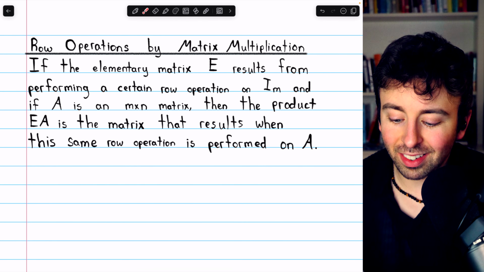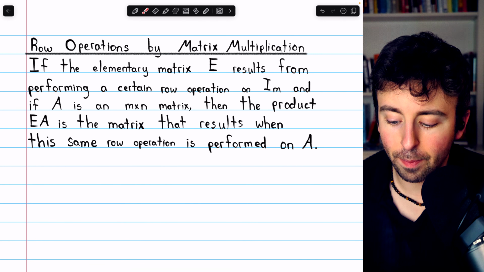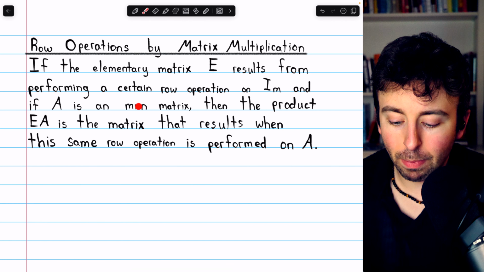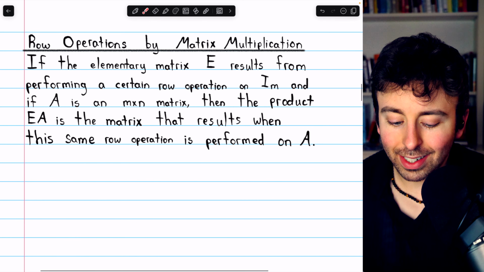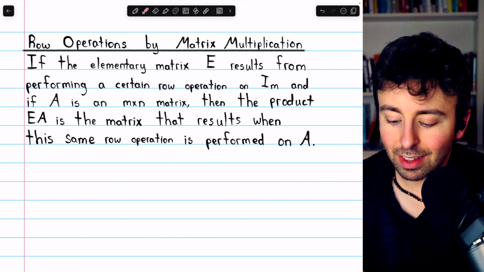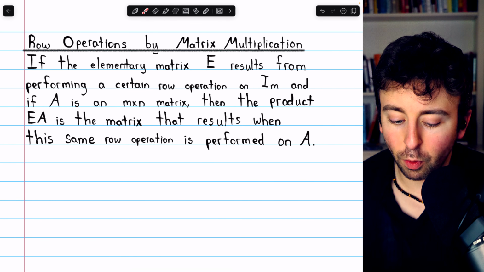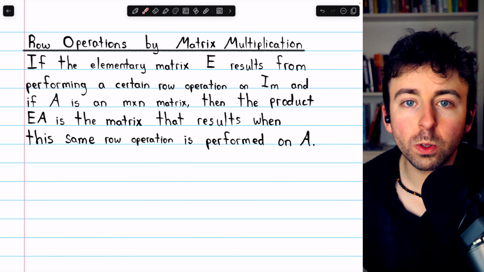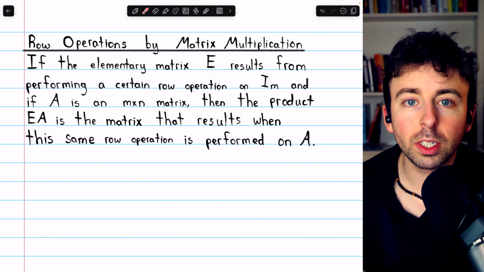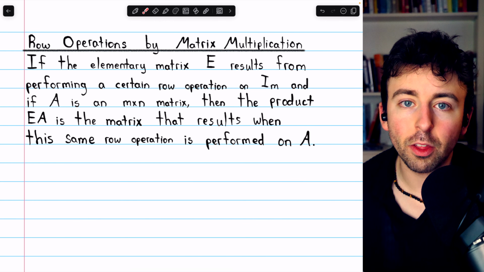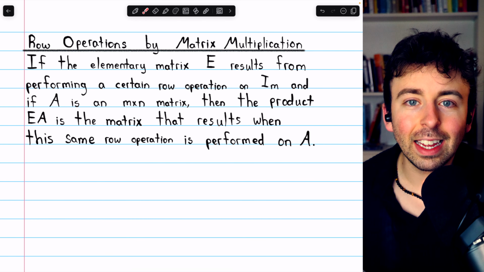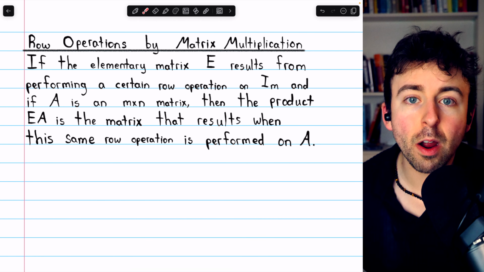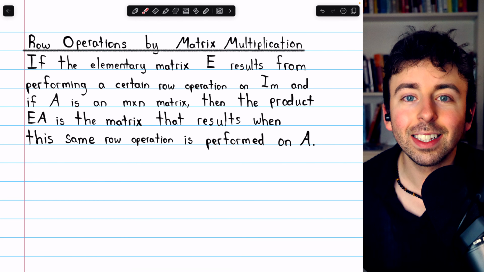If the elementary matrix E results from performing a certain row operation on the identity I_m, and if A is an m by n matrix, then the product EA is the matrix that results when this same row operation that produced E is performed on A. In this way, an elementary matrix encodes the row operation that was performed to obtain it. And if we multiply another matrix by this elementary matrix, it will have the effect of that row operation being performed. Let's see an example.